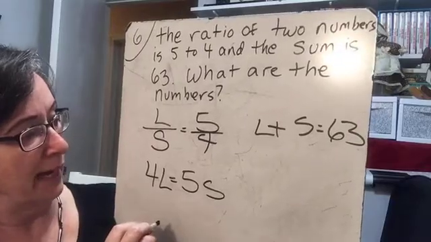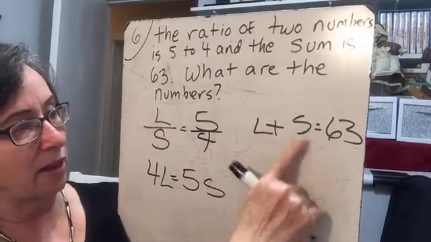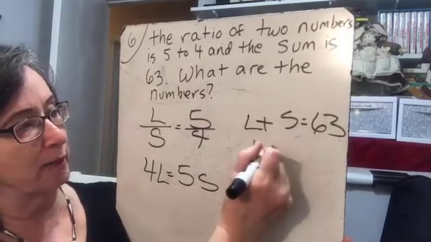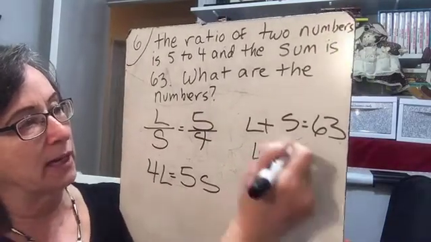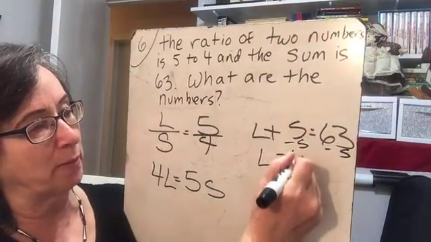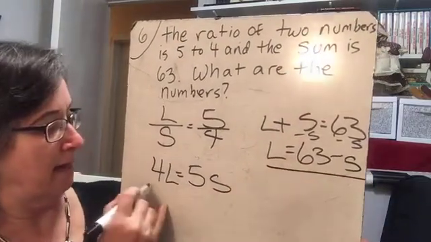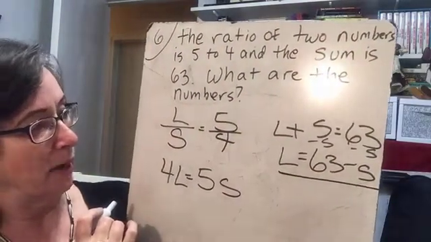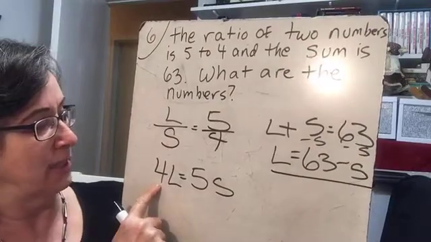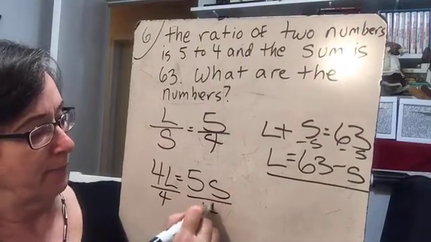So let's go ahead and take this one and solve for L. So I'm just doing it what seems to be the easiest way. So we're going to subtract S and subtract S. We're going to have 63 minus S. And then we're going to take this L and plug it in right here. Now, before I do that, instead of having 4L, could I just divide by 4 on both sides?